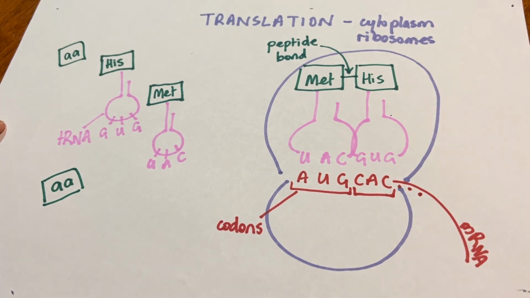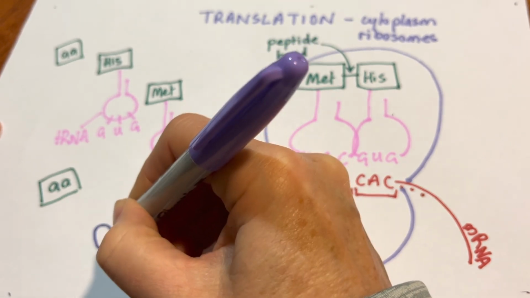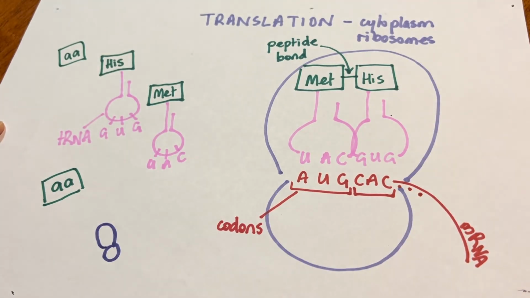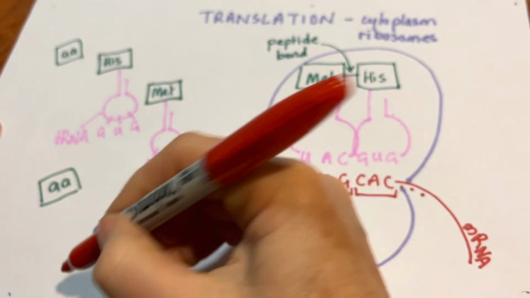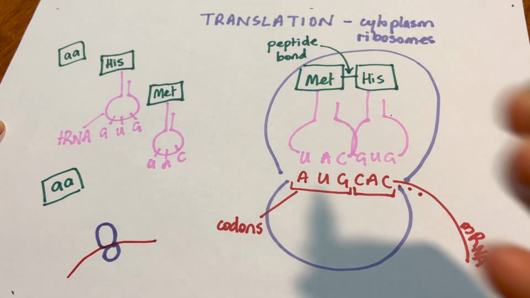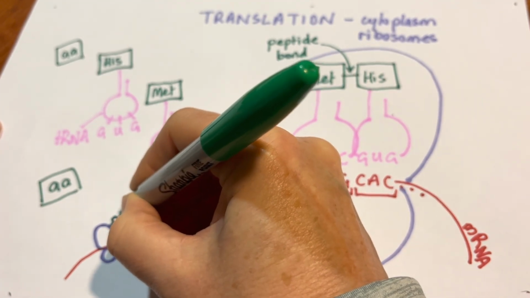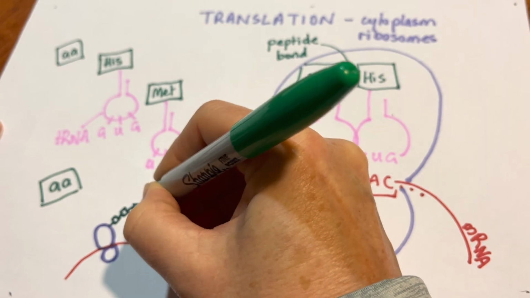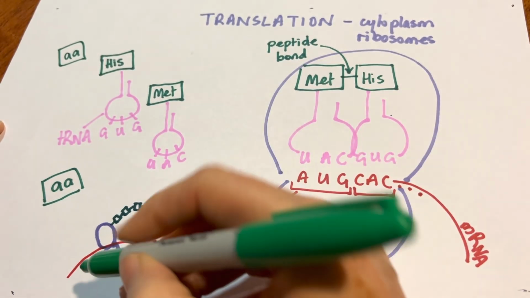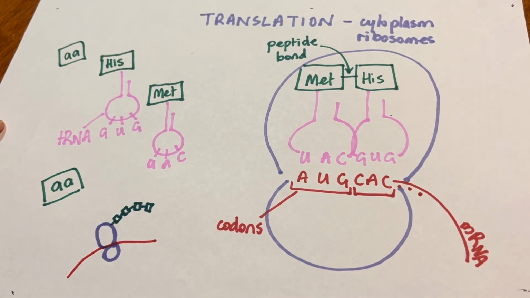So eventually we will end up with ribosomes like this with mRNA attached, and you would see coming out of the back of the ribosome a long chain of amino acids, all in the order as dictated by the code on the mRNA. And that is translation.